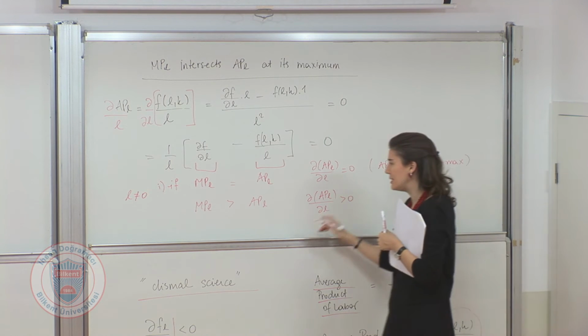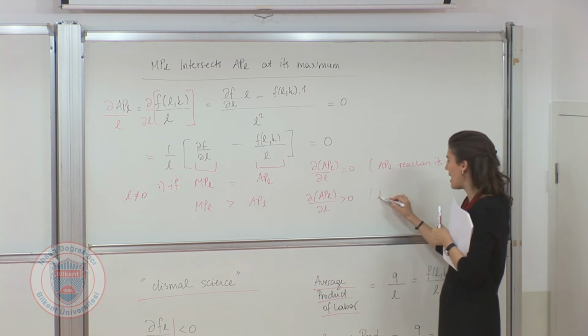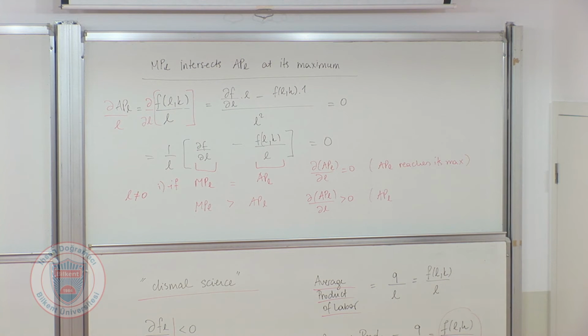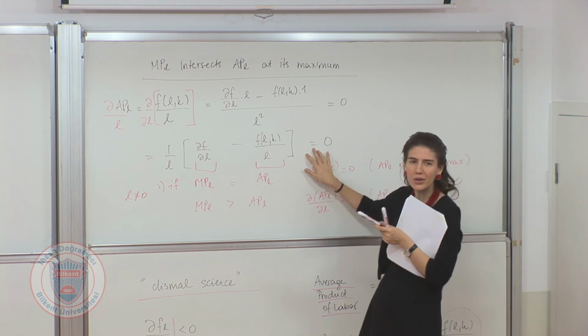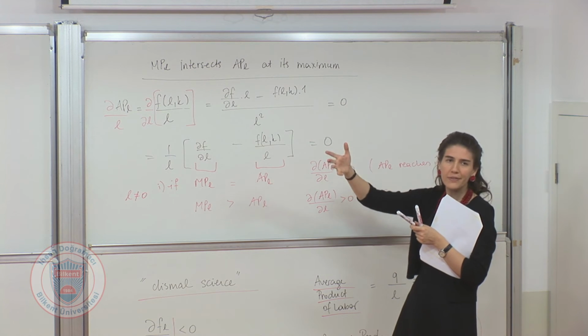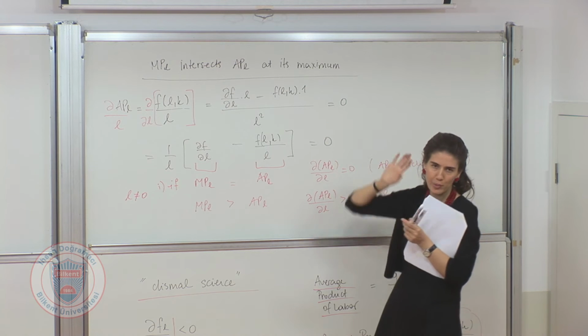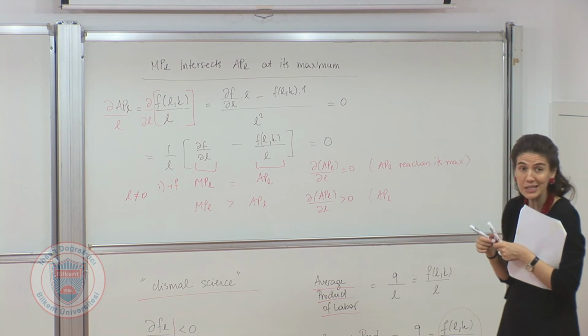When marginal is above the average, APL is increasing. If you want to show that a function is increasing, you take the derivative, and if it's positive, you say that function is increasing.